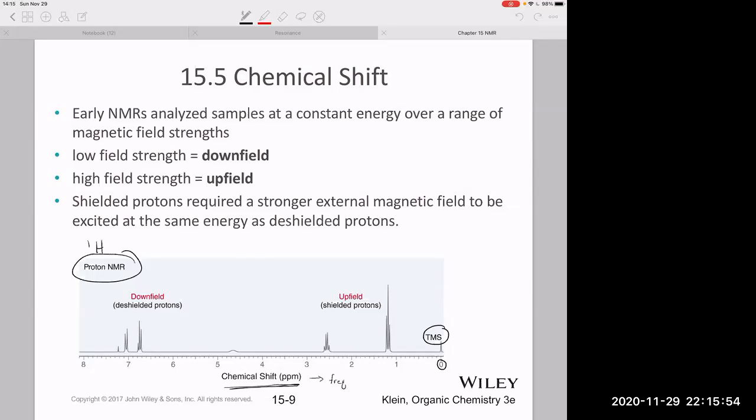Just real quick terminology. There's some weird terminology here in terms of upfield and downfield. Notice that downfield corresponds to a larger chemical shift, and upfield corresponds to a smaller chemical shift, kind of backwards from what you would expect. I'm not going to go too far into it, but it has to do with why an atom will shift relative to where it does.